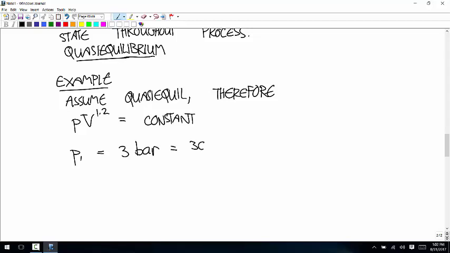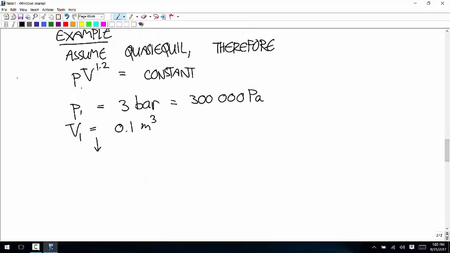So this is 300,000 pascals. And the starting volume is 0.1 meters cubed. And then it progresses to a pressure. Oh no, we're not given the pressure, but this process happens until the new volume is 0.2.